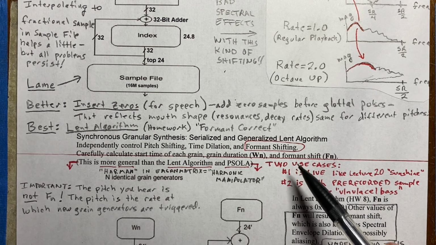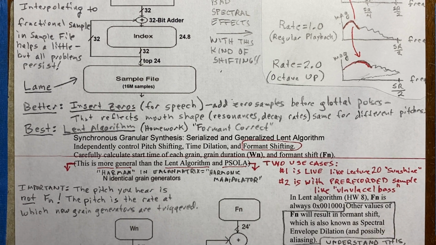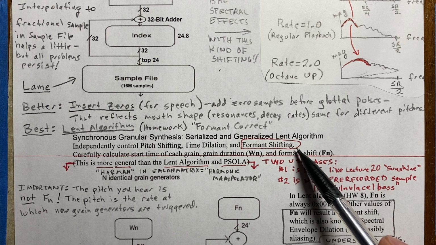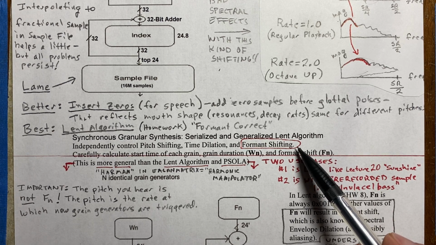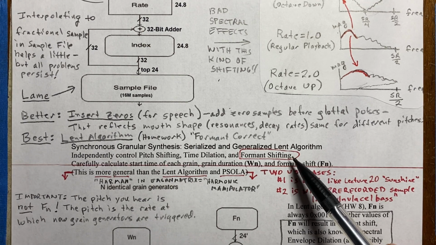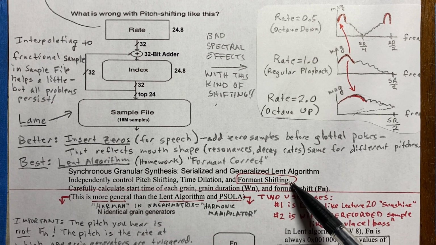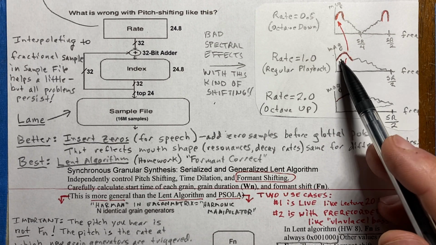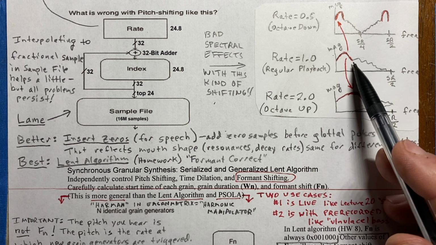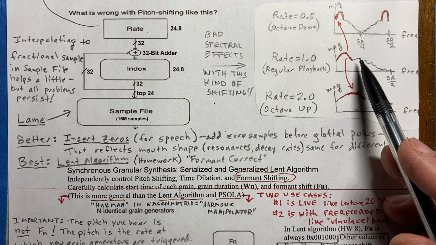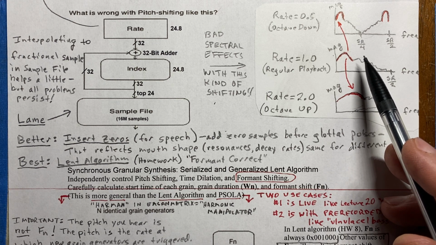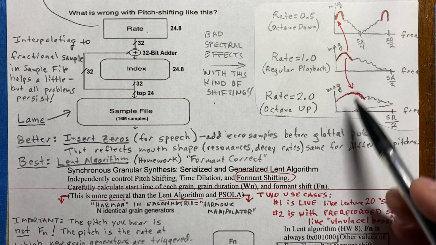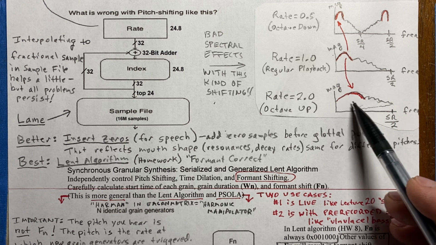There's also this other thing you can do in this algorithm here explicitly. Lent is trying to avoid formant shifting at all costs. You don't want the chipmunk effect. But it turns out that in synthesis, in the Eagan matrix, we found that if you stretch this out a little bit or compress it a little bit, maybe not automatically as you change pitch, but just under user control, under formula control in the Eagan matrix, you can get some beautiful effects.